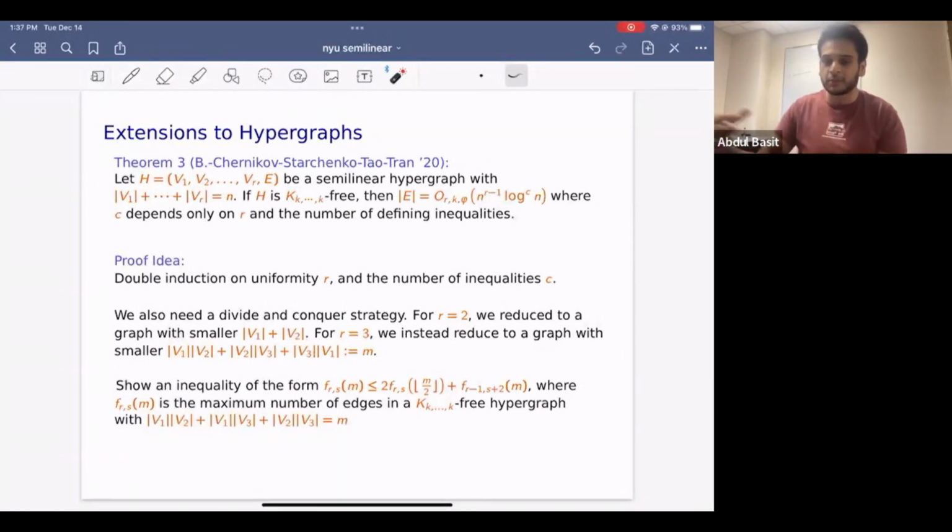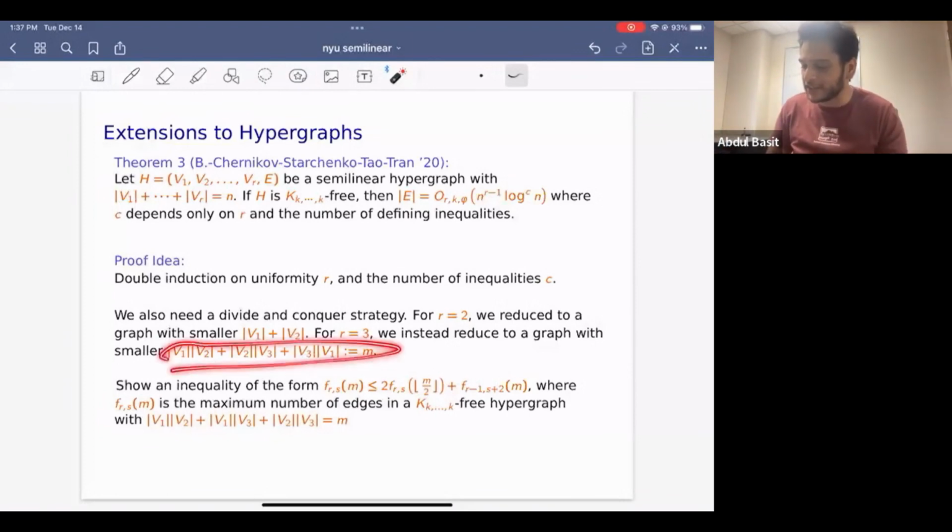So I divide my graph into two pieces, and on each piece I can bound this quantity. Then we show an inductive inequality of this form, basically the same thing as before, and the bound follows from this. That might be a little bit too vague, but hopefully it at least gives a general idea. This divide and conquer strategy is one of the more important things we came up with to bound this graph.